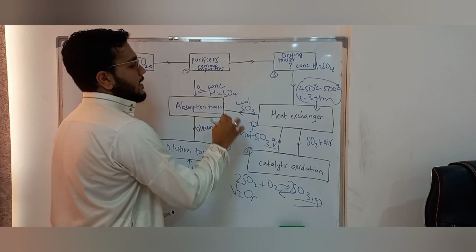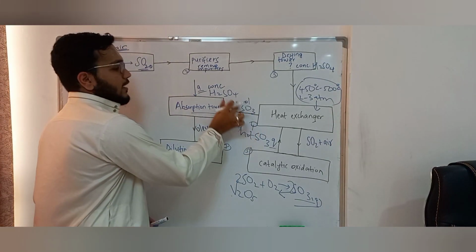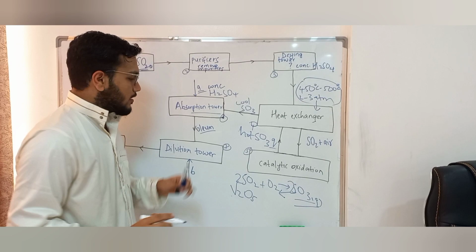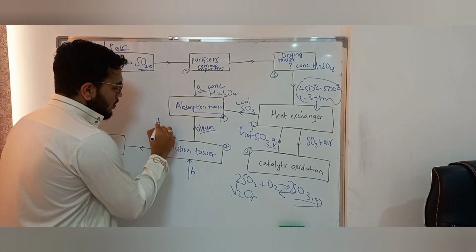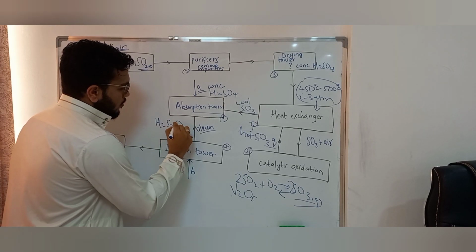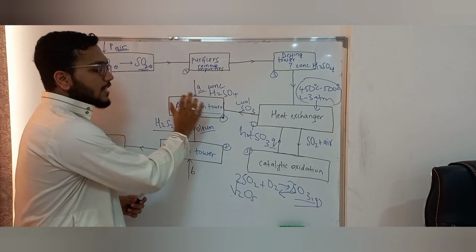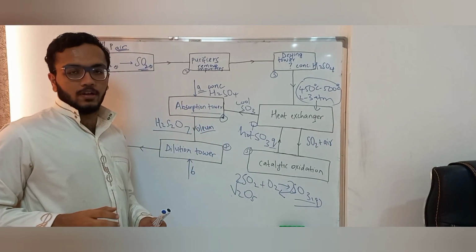The part where we said H2SO4 is used to make more H2SO4, we dissolve SO3 in H2SO4 to form oleum. Who remembers how oleum is written? Oleum is H2S2O7. That's oleum. From the absorption tower now, oleum being a viscous liquid is going into the dilution tower.